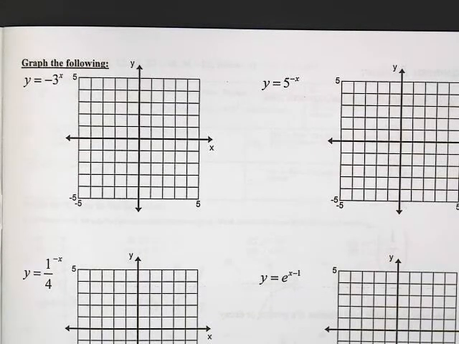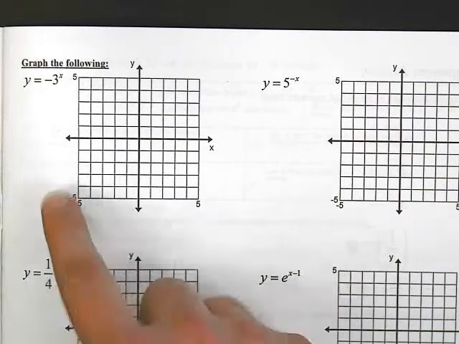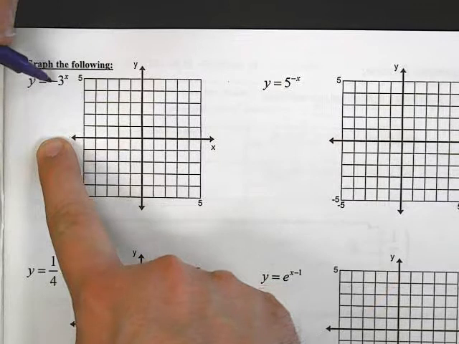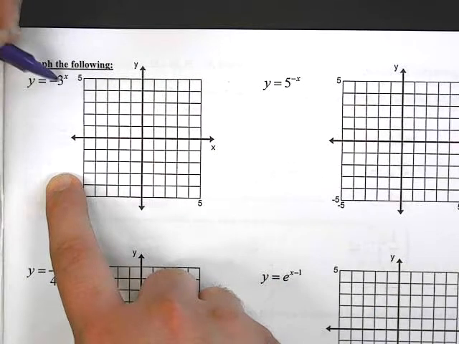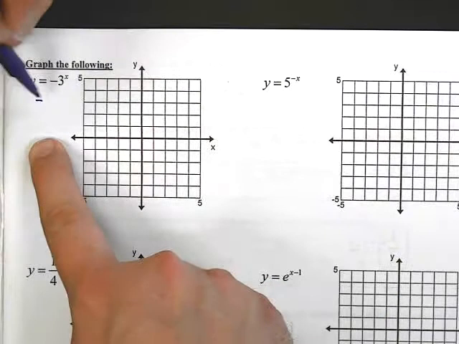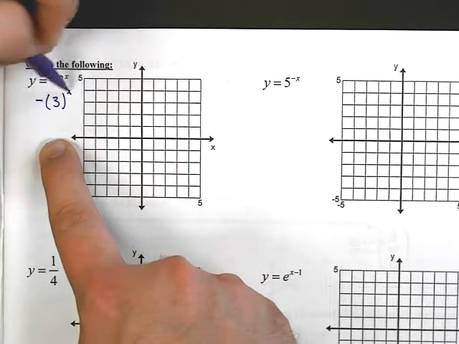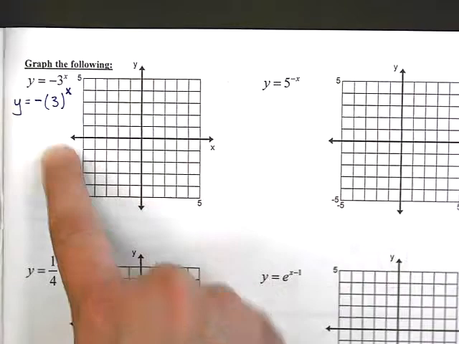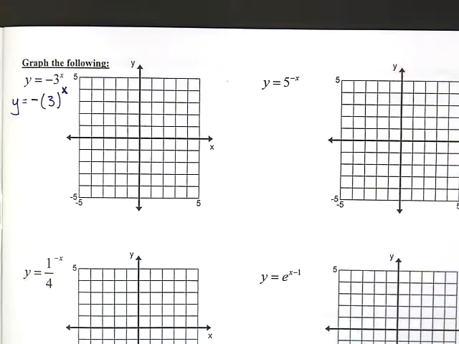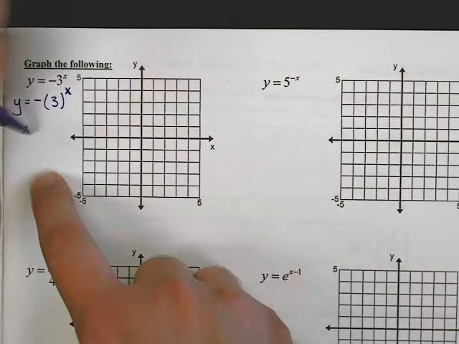So here's my thought. What I would really want you to consider here and make sure you understand is that this negative is not being raised to the x power. This is written more like this. Okay, sorry, not a good x. All right, so what we need to do, I'm going to make a little table.